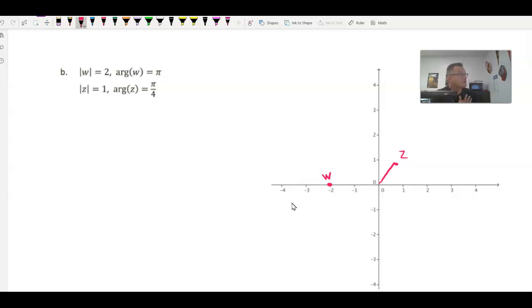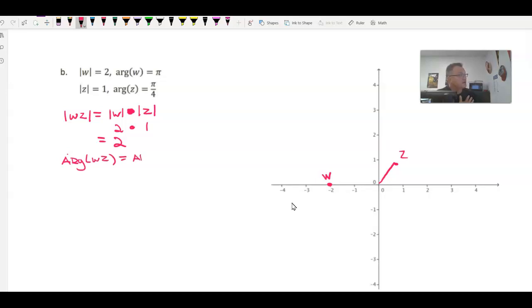Okay, so to get this product, we know that's going to be the modulus of W times the modulus of Z, which is 2 times 1, which is 2. So that's how long our line's going to be. And now to get its angle, you add the two angles.